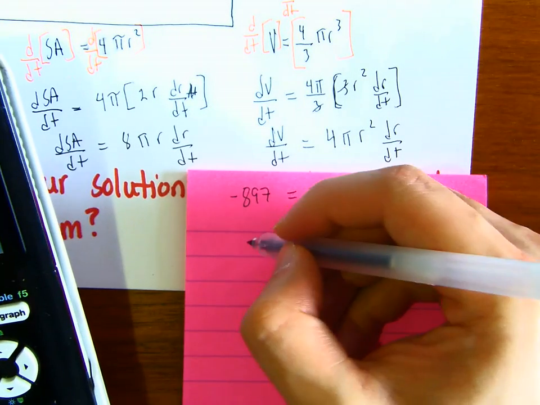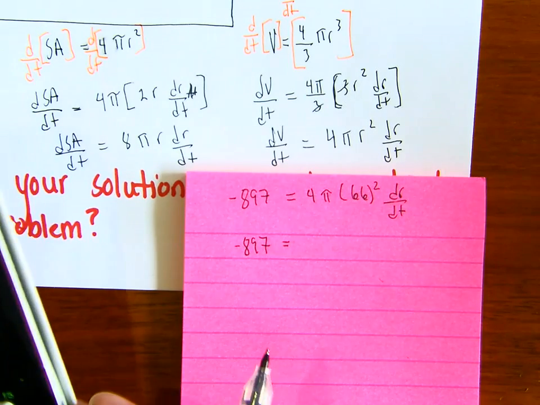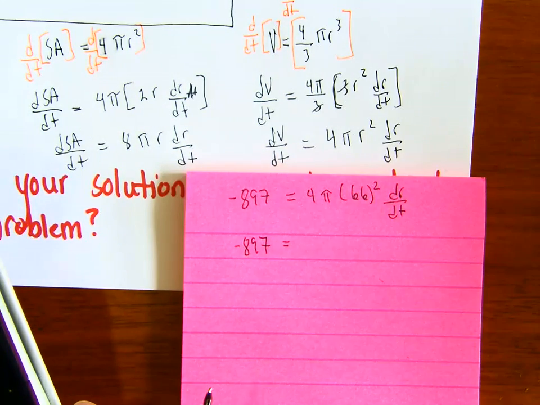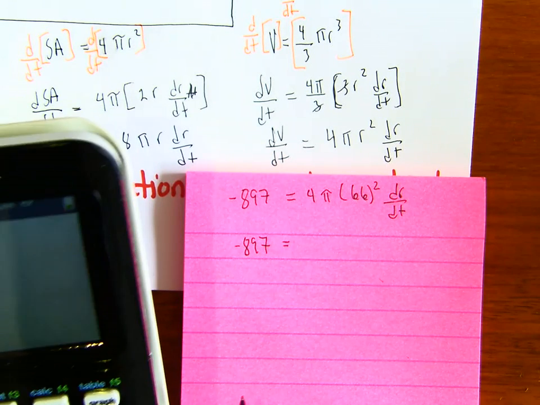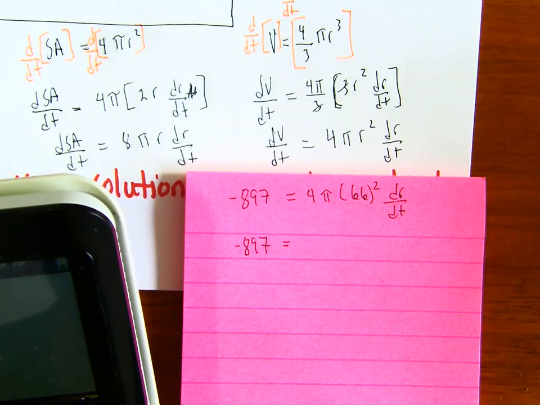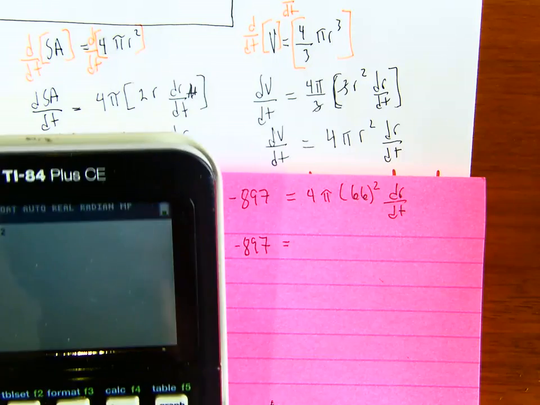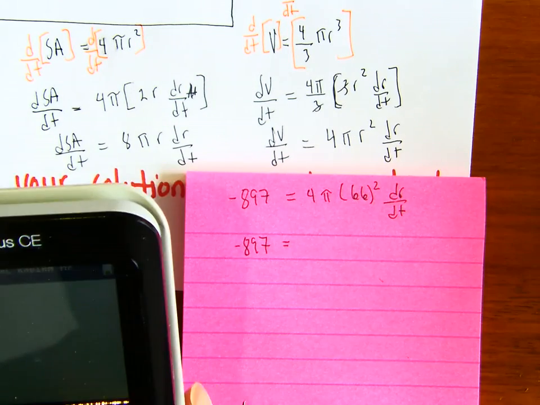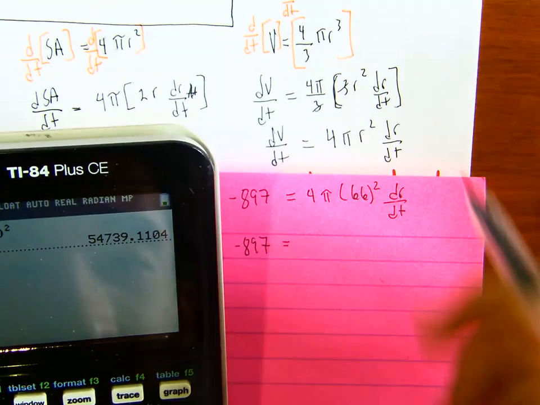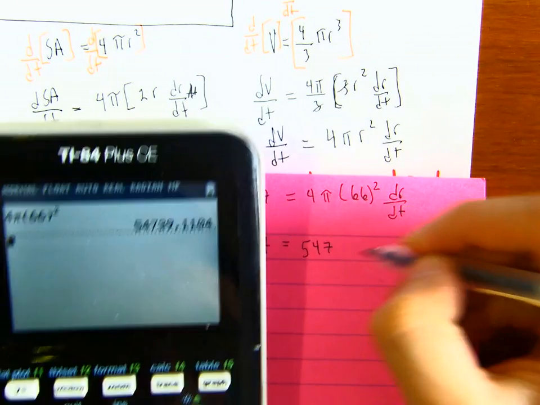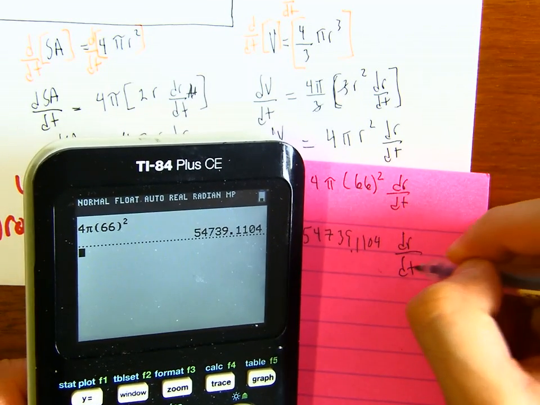So this is negative 897 equals 4 pi times 66 squared, and that's 54739.1104 dr dt.